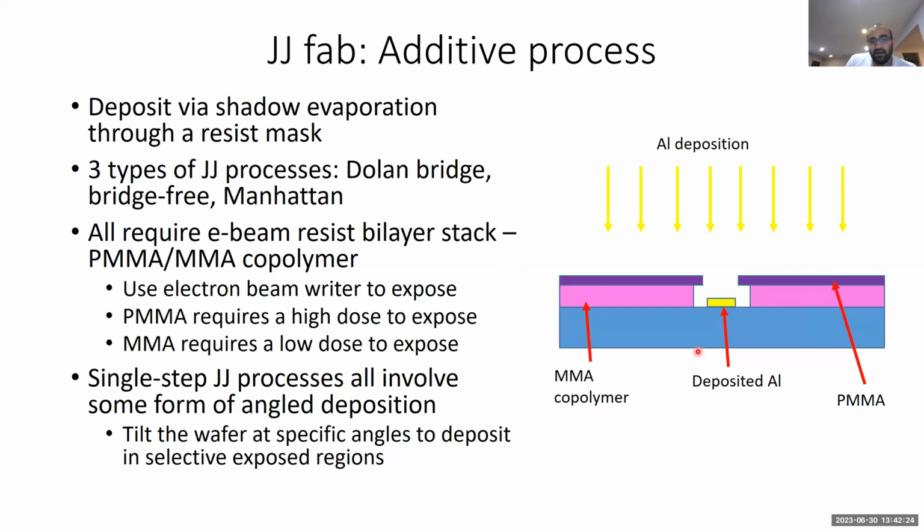The other thing is that although it's not shown in this cartoon here, this single step junction fabrication process where we do double angle deposition involves some sort of angle deposition. So we have to tilt the wafer at specific angles to deposit in selectively exposed regions.